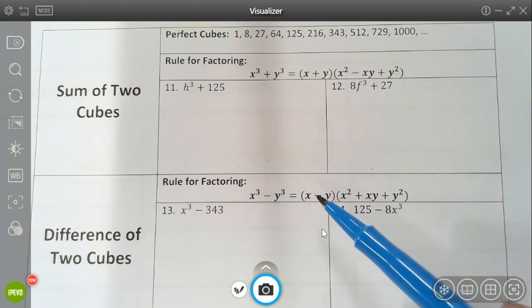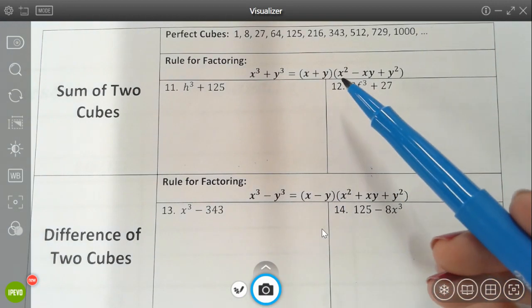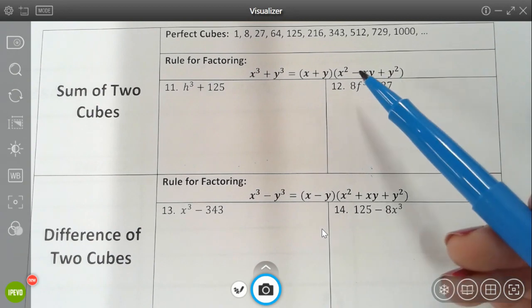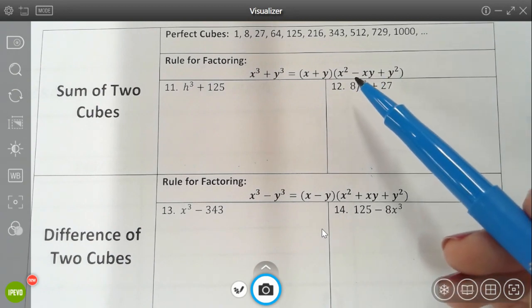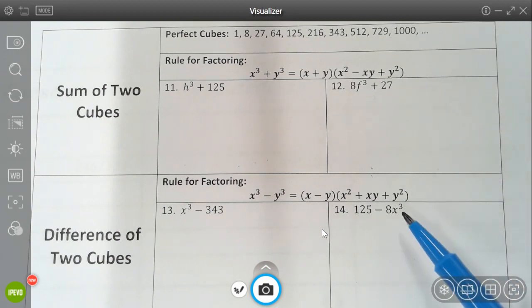When it's a difference, you put x minus y. These two, notice that the groups here and here look exactly the same, but the big difference is that in this group, when it's a sum of two cubes, the first one is minus, and when it's a difference of two cubes, the first term here is a plus. The last one is always positive.